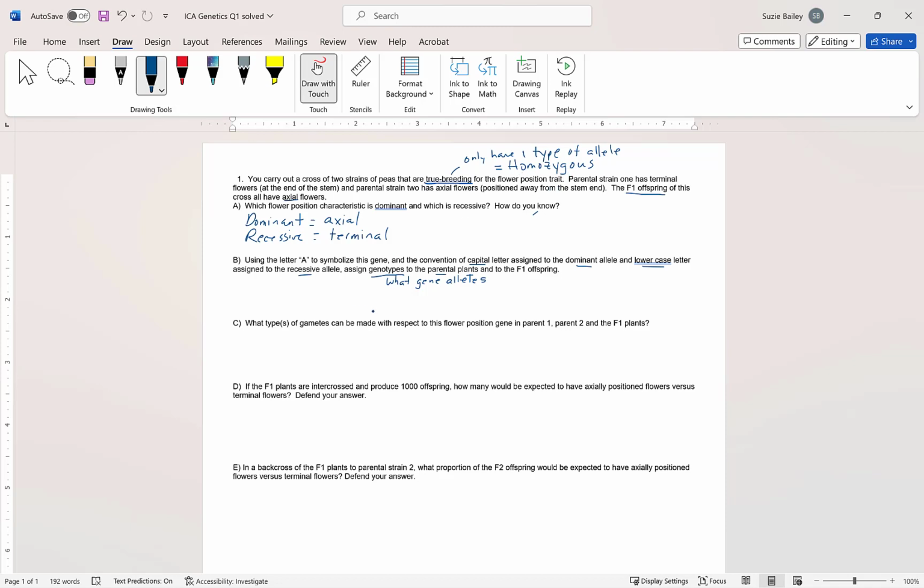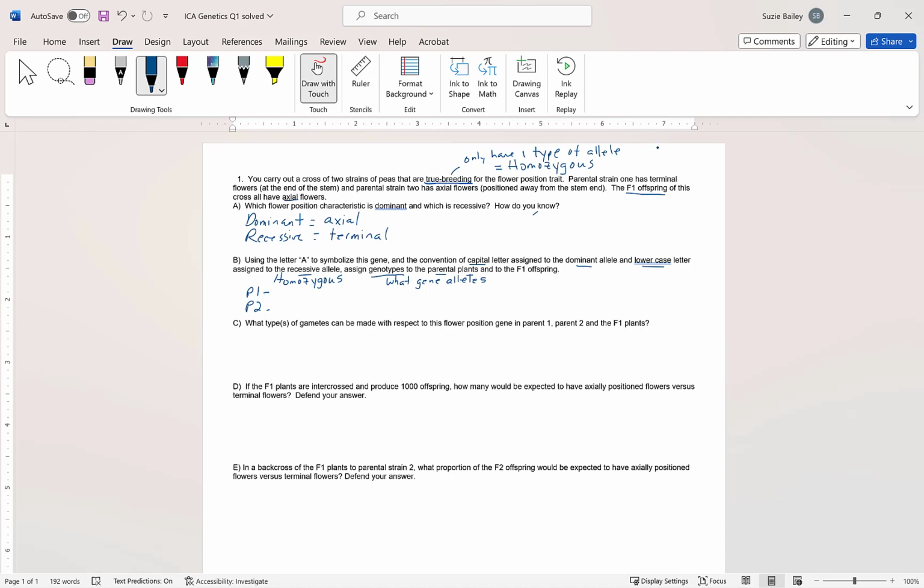So we know that both parental strains, parent strain 1 and parent strain 2, are going to be homozygous, but they could be homozygous dominant or homozygous recessive. In other words, containing both alleles as the dominant allele, or both alleles as the recessive allele. So we have to look to the phenotypes to tell us whether they are homozygous dominant or homozygous recessive.